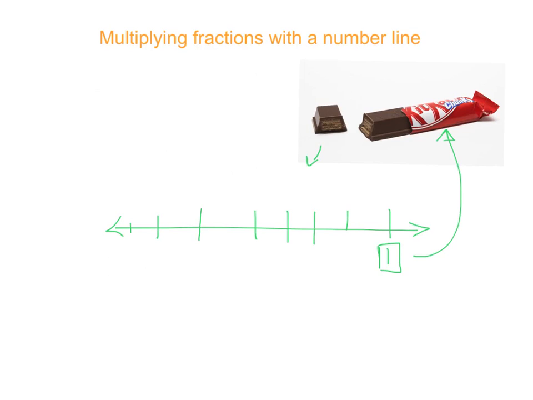So it's pretty easy to decide how to do this. However, let's pretend, for the sake of multiplying fractions, that I didn't have a whole Kit Kat bar or this one right here, and all I had was this little part right here, and I had to share that little tiny part.